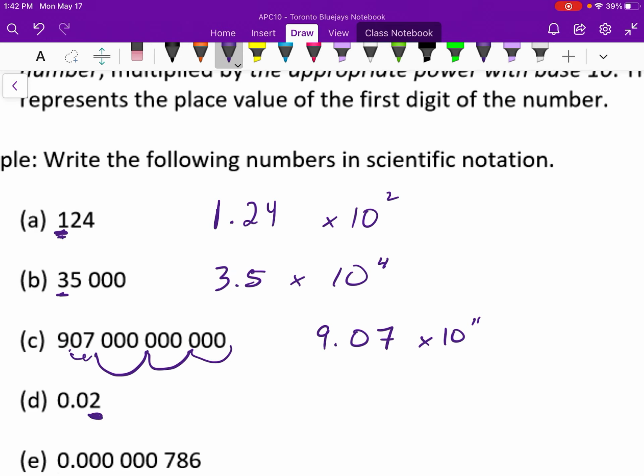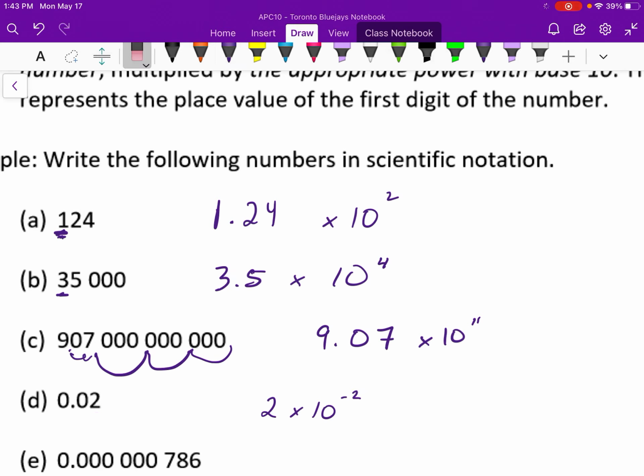All right, here we are. We're getting into the nitty-gritty here. 0.02. Expressed in scientific notation, our first non-zero number would be 2. So I would write it as 2.0 times, actually, I would probably write it as 2 times 10 to the power of, now this is in hundredths, -2.